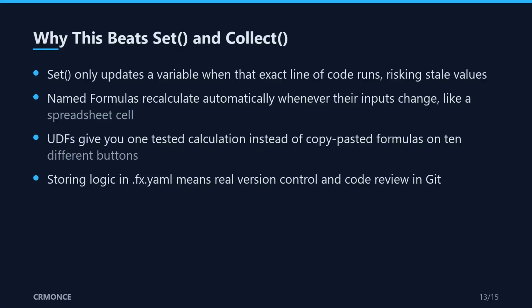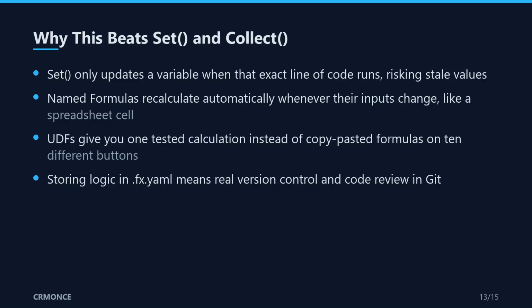Let's compare this honestly to the Set and Collect approach you may already know. Set creates a variable that only updates when that specific line of code runs. So if you forget to call it on a new screen, you get a stale, wrong value silently. Named formulas recalculate automatically the moment their inputs change, exactly like a spreadsheet cell, so there's no stale state to debug.